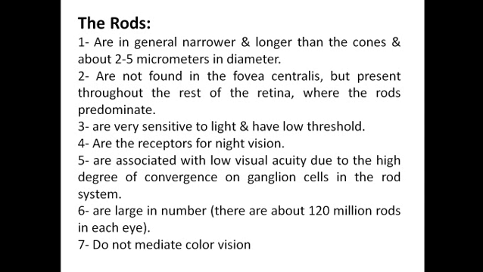They are not found in the fovea centralis but are found throughout the rest of the retina, where the rods predominate. They are very sensitive to light with a low threshold, and are the receptors for night vision or vision in dim light. They are also associated with low visual acuity due to the high degree of convergence on ganglion cells in the rod system. As we said, they are much more numerous, 120 million, and do not mediate color vision.